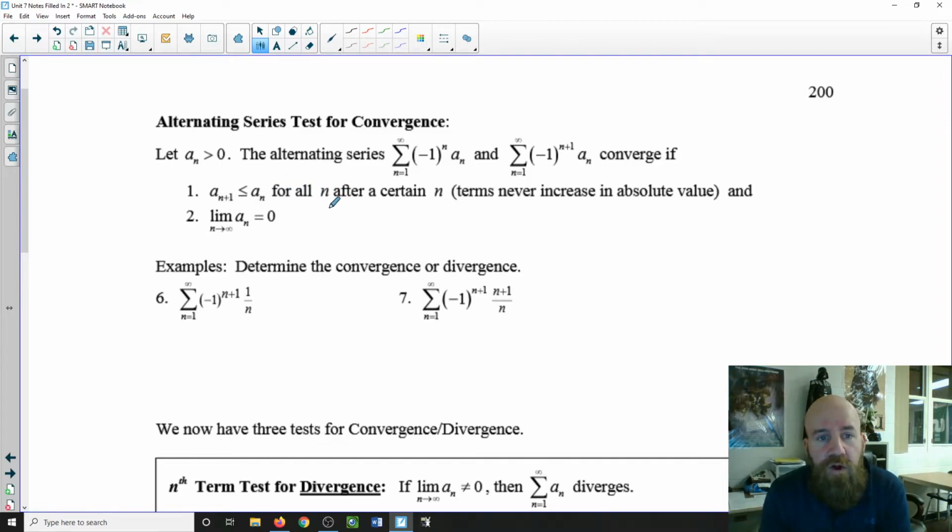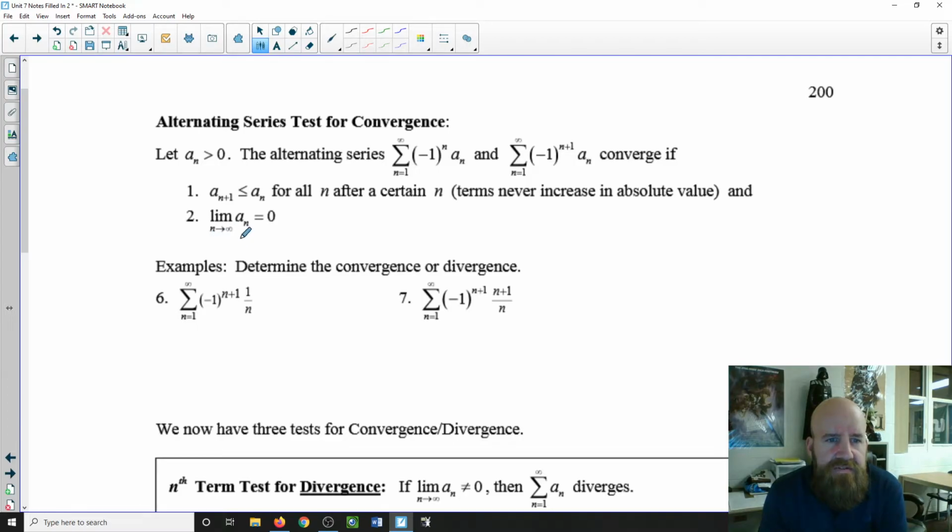So for all n's after a certain n, so just because it goes up for a little bit, as long as it comes back down and stays going down, we should be able to converge. Okay, so terms never increase in absolute value. So what we're thinking about is just the absolute value of these terms. Okay, it doesn't matter that they're negative or positive.